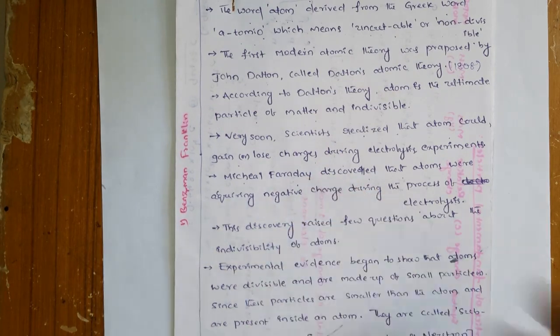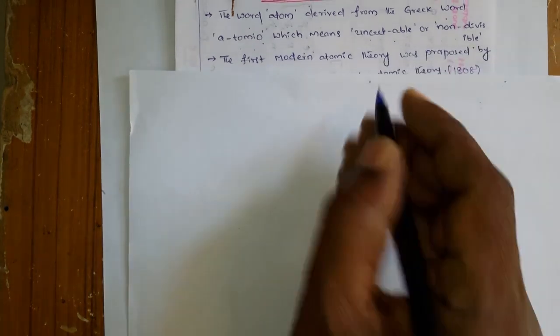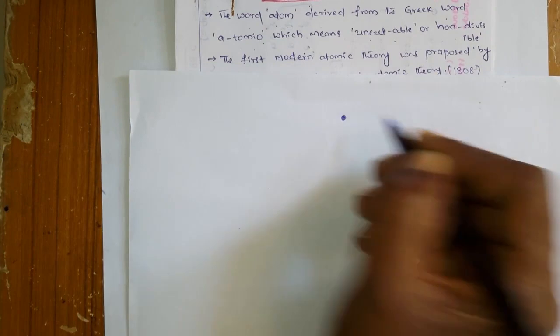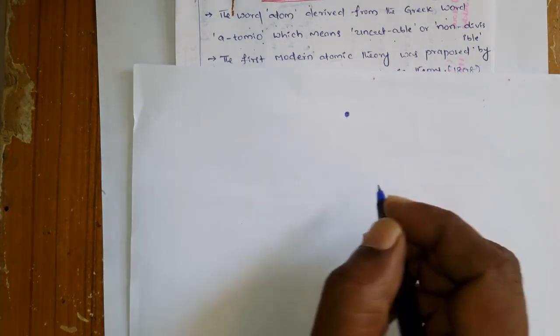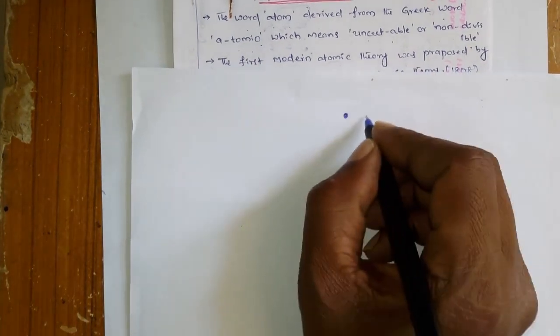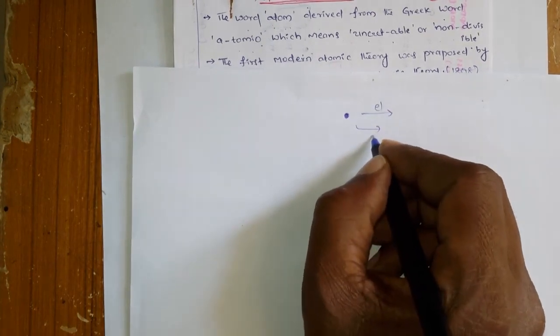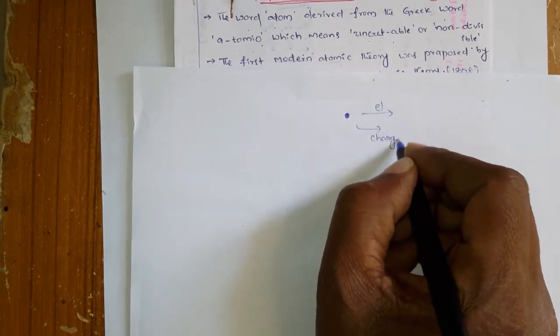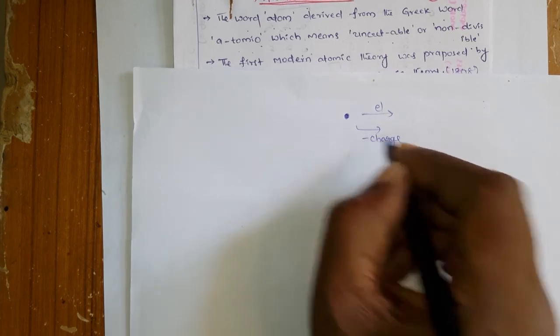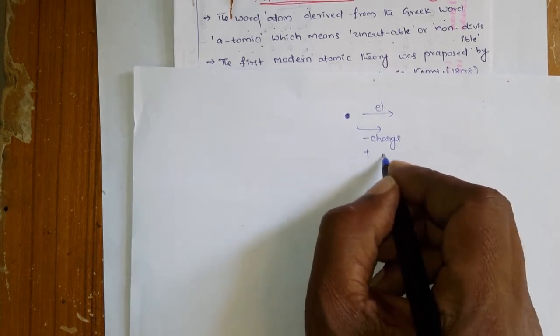Then they got some doubts. If the atom is an ultimate indivisible particle, then how and what is it losing? If it is indivisible, then on the electrolysis process, why is it losing charge, or sometimes gaining some charge?